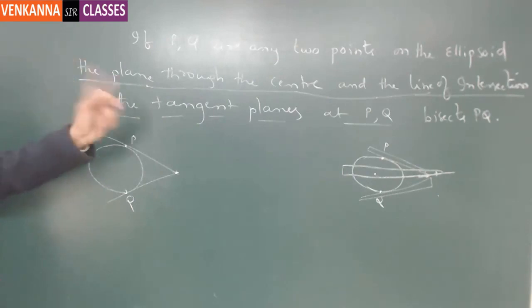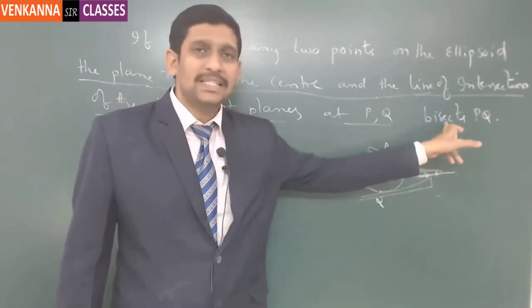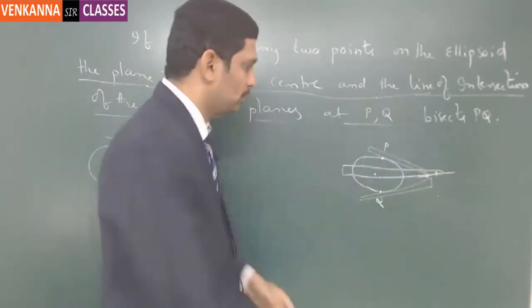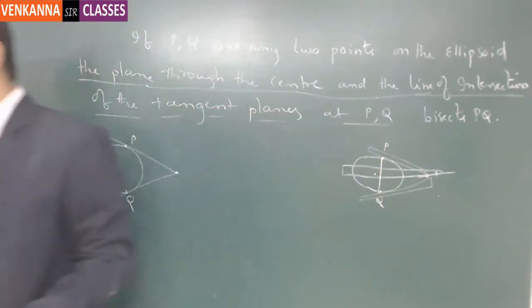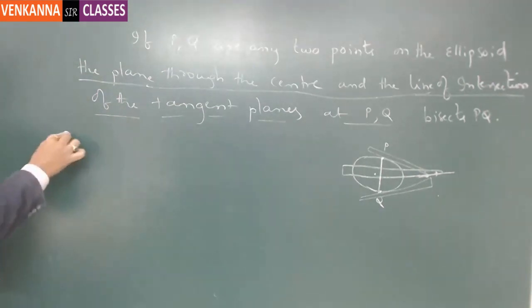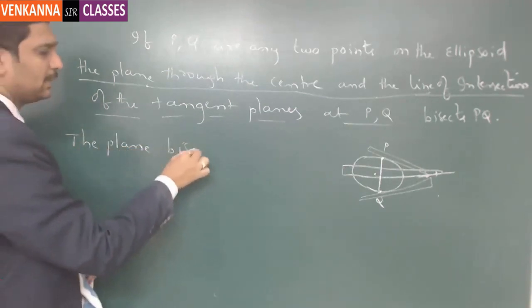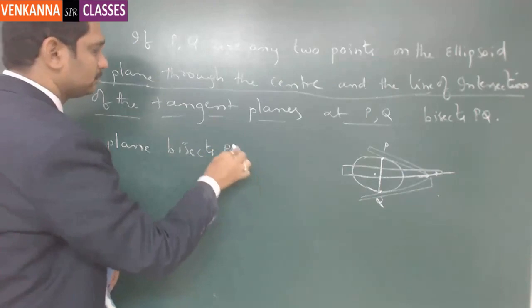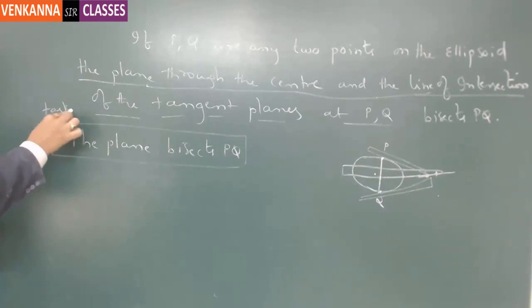And what is the question tag of the problem? This plane bisects PQ. So the plane is bisecting the PQ. That was the question tag we have to prove. So the thing we need to understand here is the plane what you are calculating, it bisects PQ. This is our task. You have to show that.